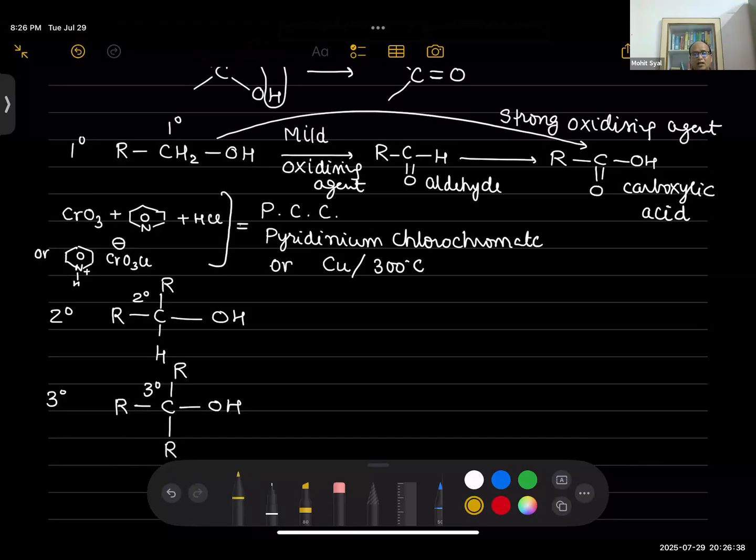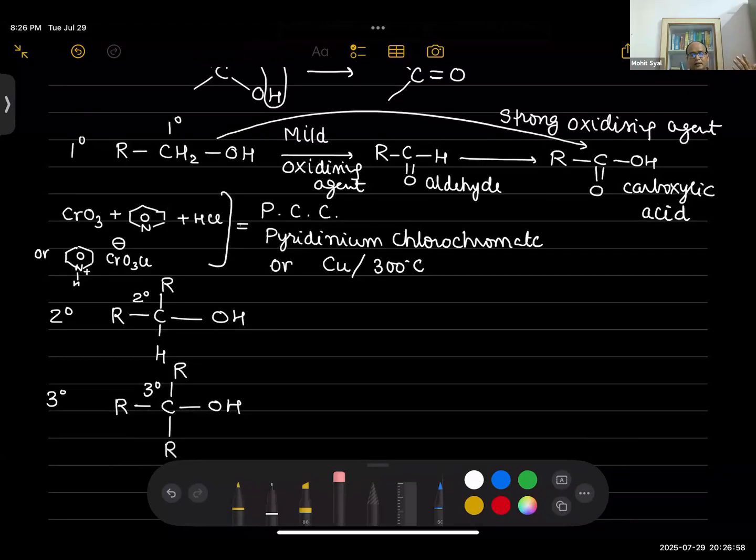And Ibrahim, when will you get carboxylic acid, tell me. When you use a strong oxidizing agent, and with what type of alcohols are you going to get carboxylic acids? Primary. Primary with the strong means more oxygen.